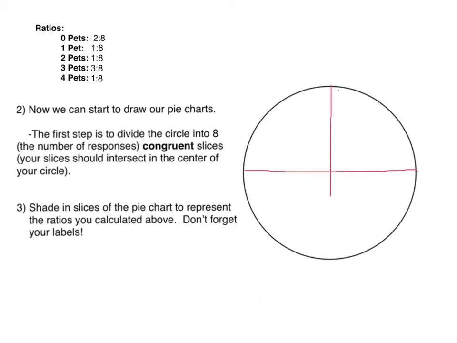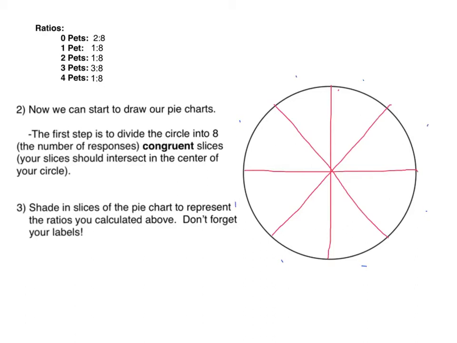So because I have 8, right now I have 4 equal slices, and if I divide those both in half, I have 8. So we have a total of 1, 2, 3, 4, 5, 6, 7, 8. Now I can use this circle to make my pie chart.